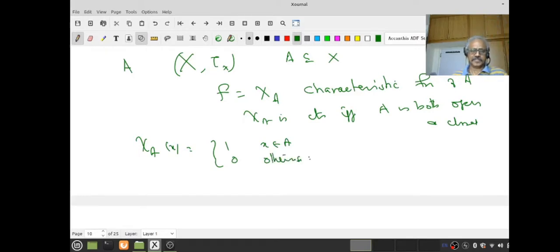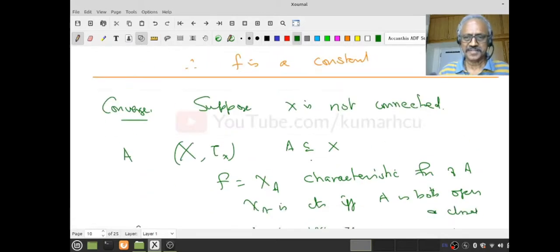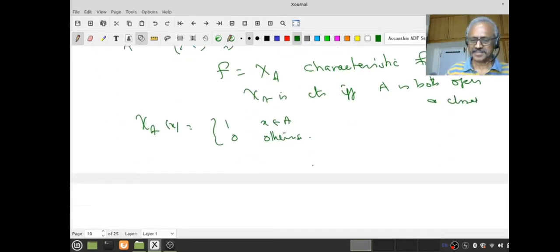How many of you remember this? If you remember this, now can you think of a function f?